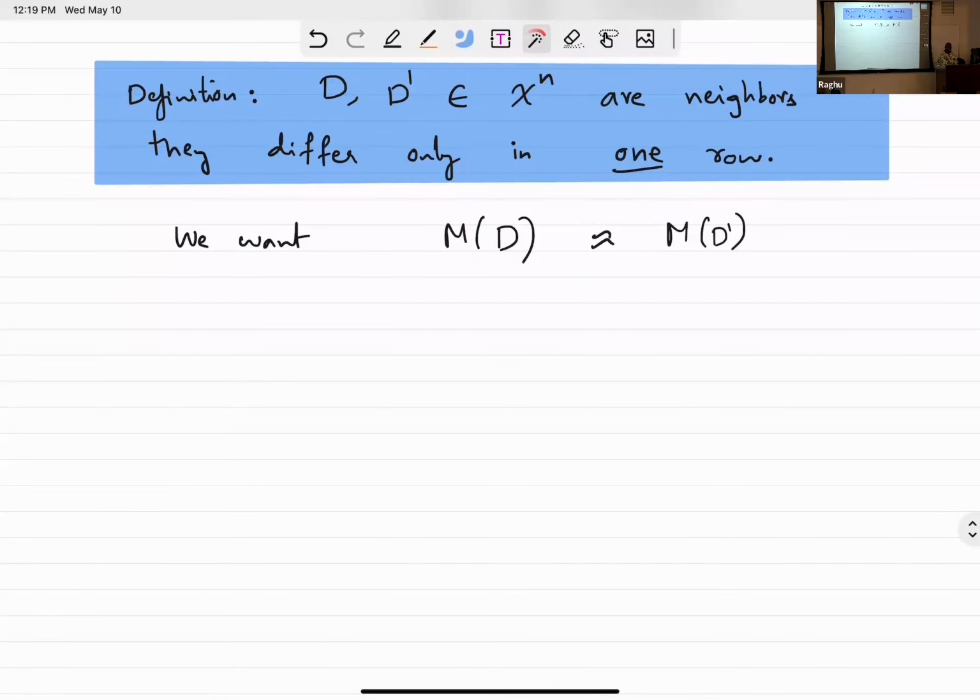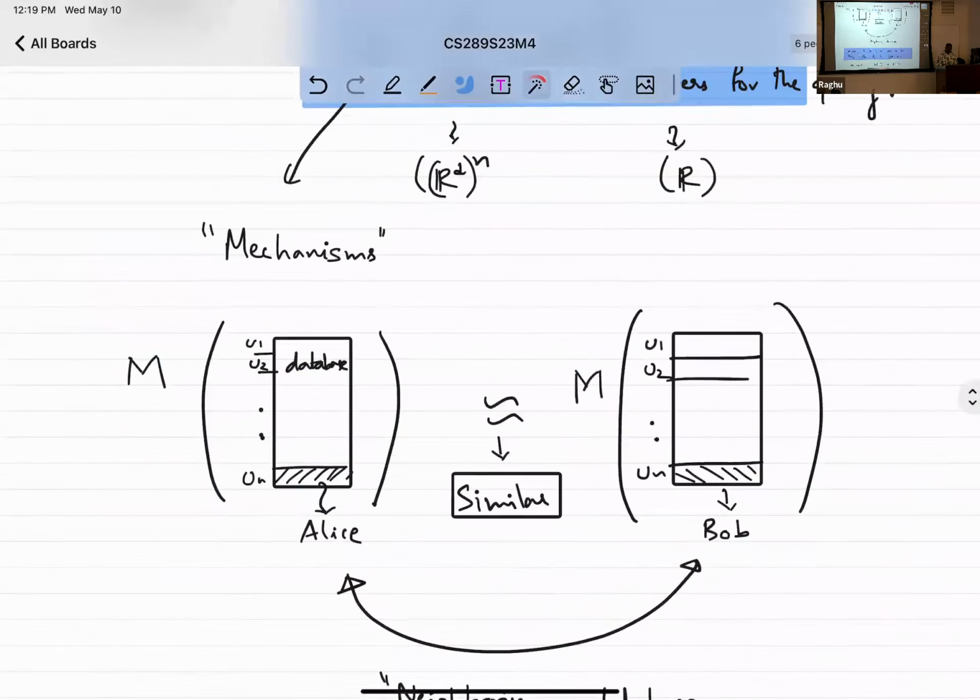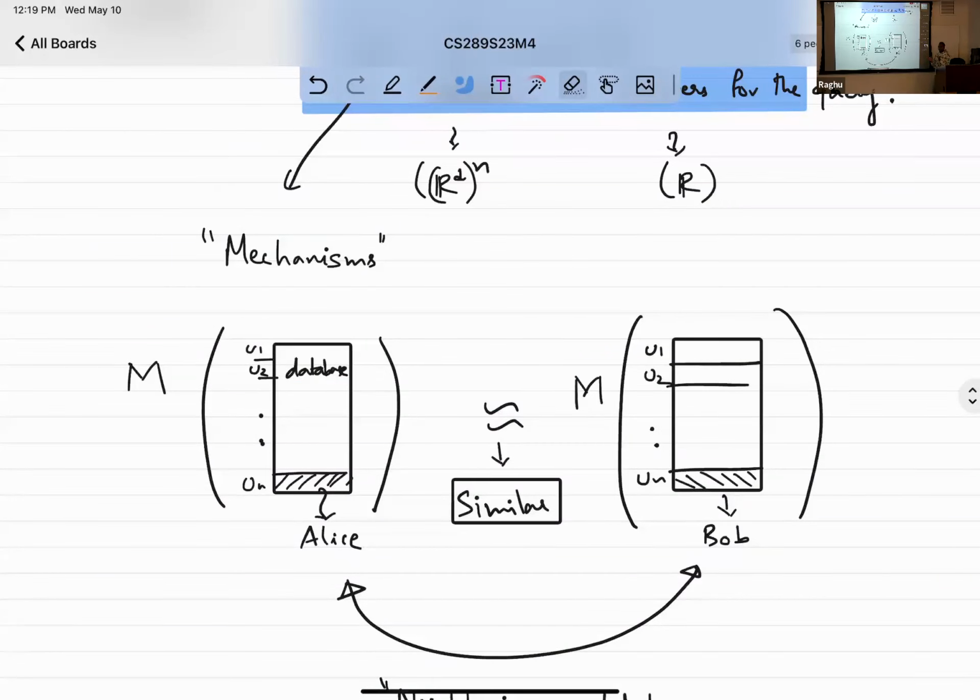Right. Think of them as real numbers. You can say those answers should look similar to each other. Even if the answer is just a single real number, similarity could just be that they're close to each other numerically. But as it turns out, that's actually not quite enough. People figured out how to attack such things.